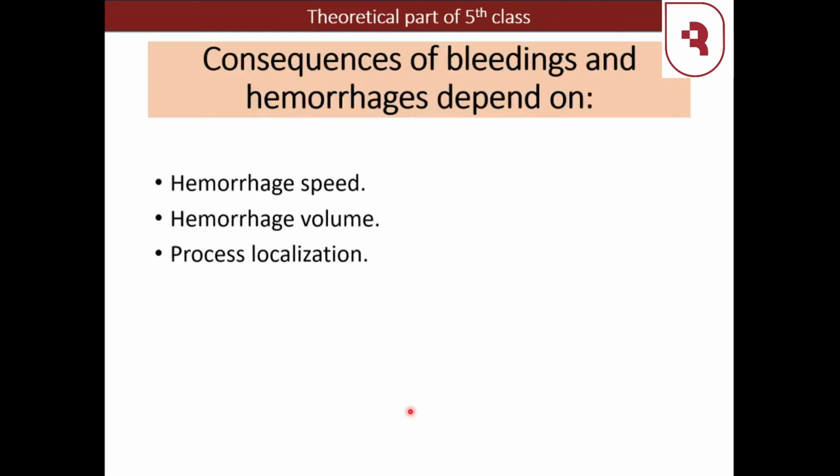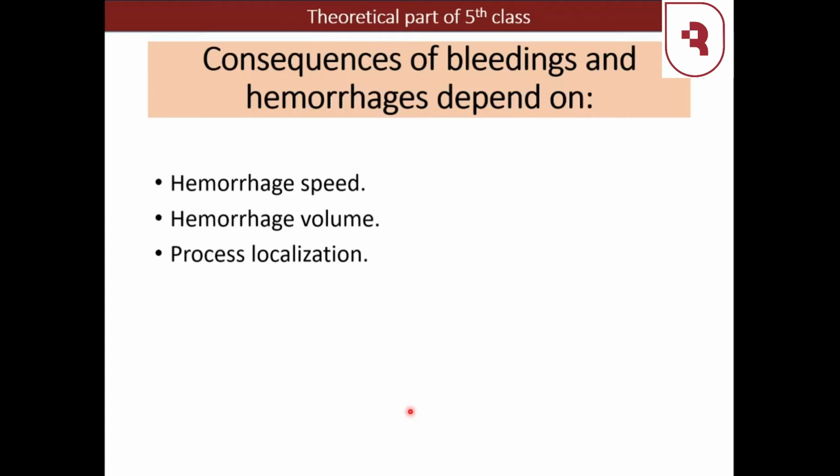Consequences of bleedings and hemorrhages depend on speed, volume, and localization of hemorrhage. It is really important to understand that sometimes different characteristics of these factors will have different outcomes.